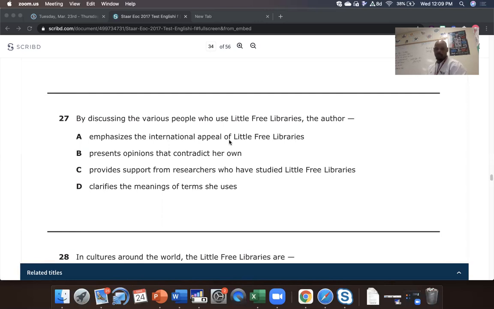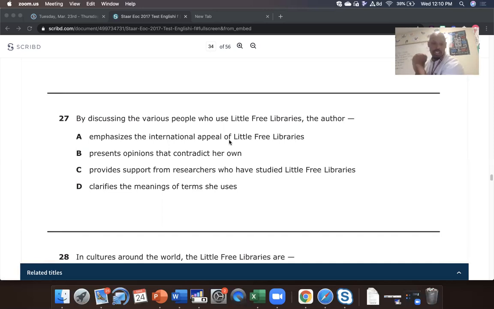I think you could just go off the paragraph that you just read in order to answer this question. So based on what we've read so far, what can we automatically eliminate? C and B?